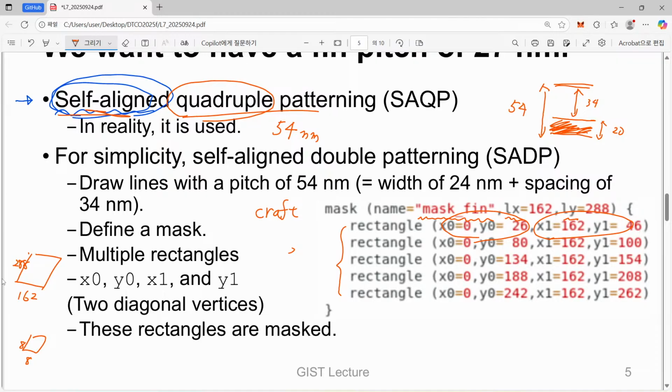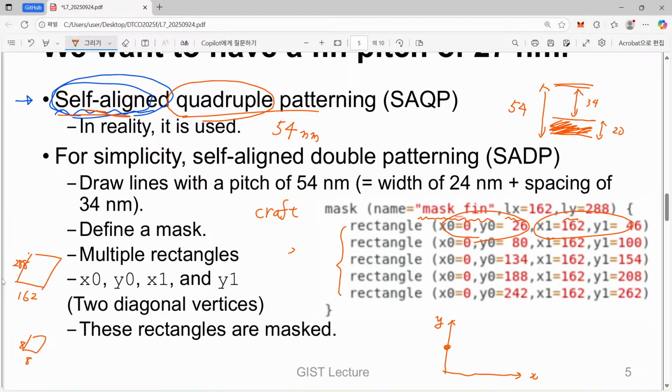By definition, we assume that these two points are two diagonal points of our rectangle. So let me just do it. 0, 26. So let's just say this is x and this is y.